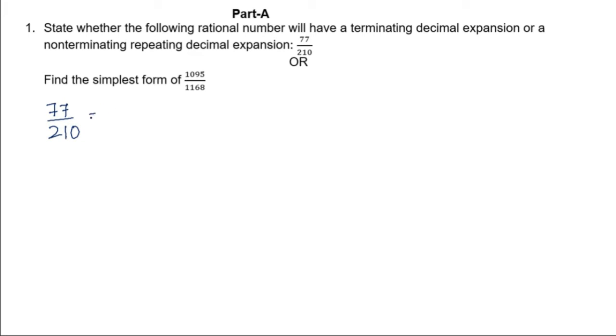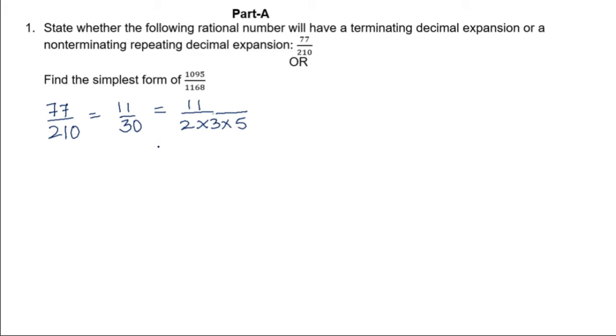This 77 upon 210 can be further simplified because both these numbers are divisible by 7. 7 11 times and 7 30 times. Now I'll express 30 as a product of primes. I'll be getting 6 5 times as 30, so 2 multiplied by 3 multiplied by 5. You observe the denominator here.